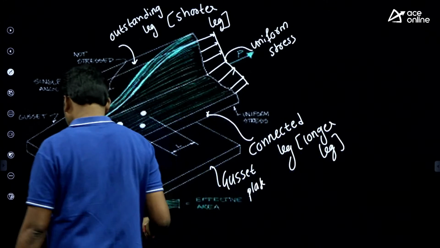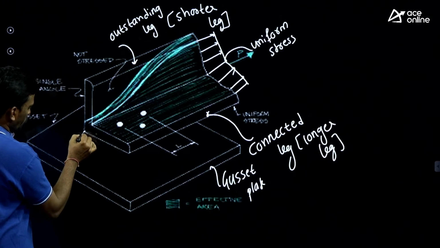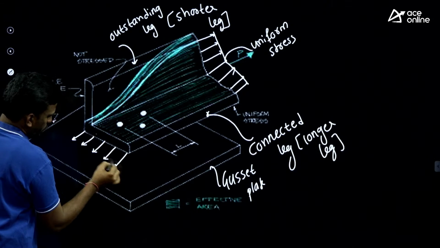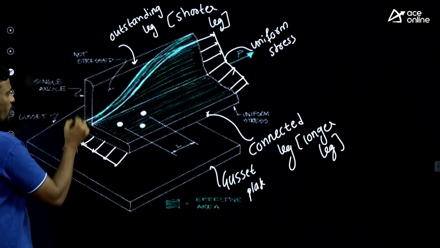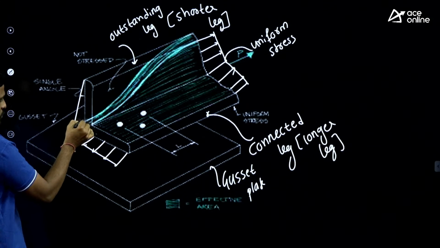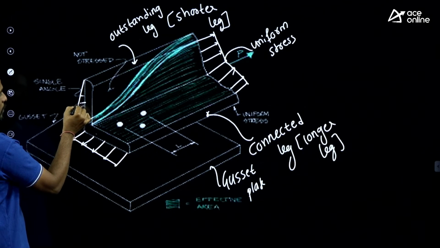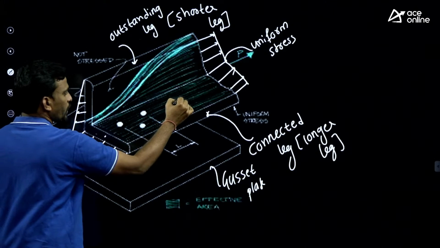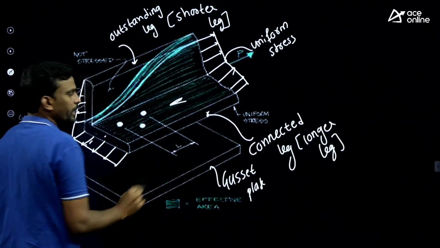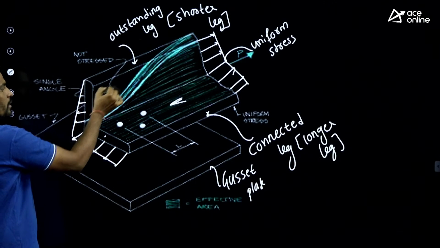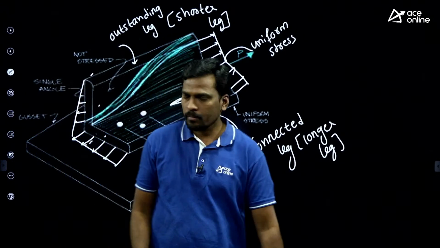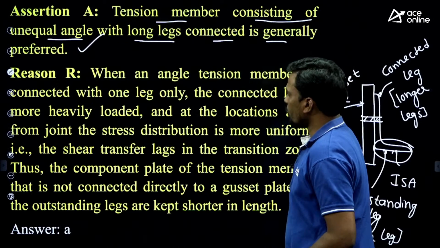For the connected leg, stress distribution is uniform, but for the outstanding leg, stress distribution is non-uniform. If it is uniform, there is no effect of shear lag for the connected leg, but here it is non-uniform, so there is an effect of shear lag. Clear? Right. Now we'll see the reason.